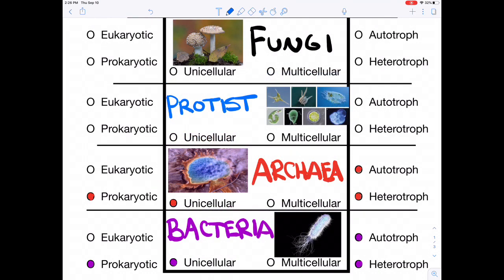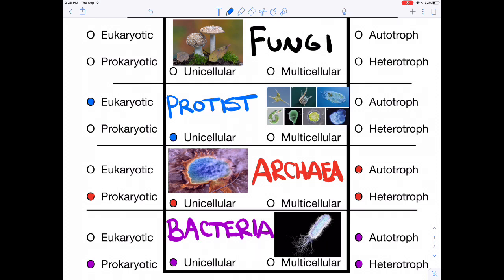Our next kingdom of life are the protists. Protists are the first kingdom that we're going to come to where their type of cells are eukaryotic. These cells have a nucleus. These single-celled organisms, unicellular, have a nucleus. One cell doing all of the things that any living organism can do.